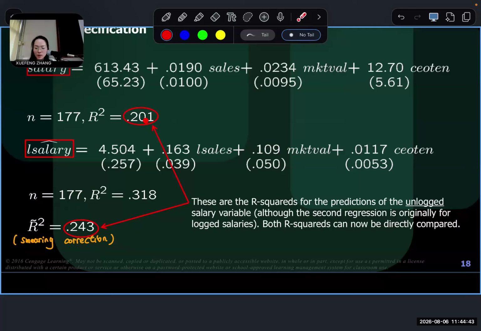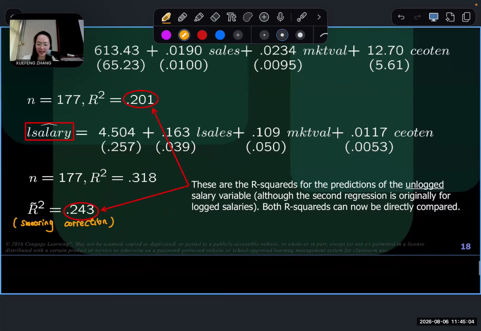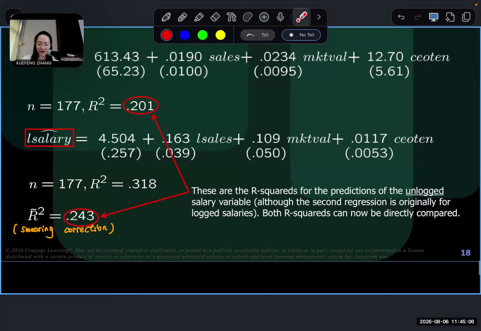So basically, right now, those two R squared measure the same thing, which means how well each model predicts salary in dollars. Finally, comparable. Okay, and the conclusion is this one is bigger than this one, right? 0.243 is bigger than 0.201.